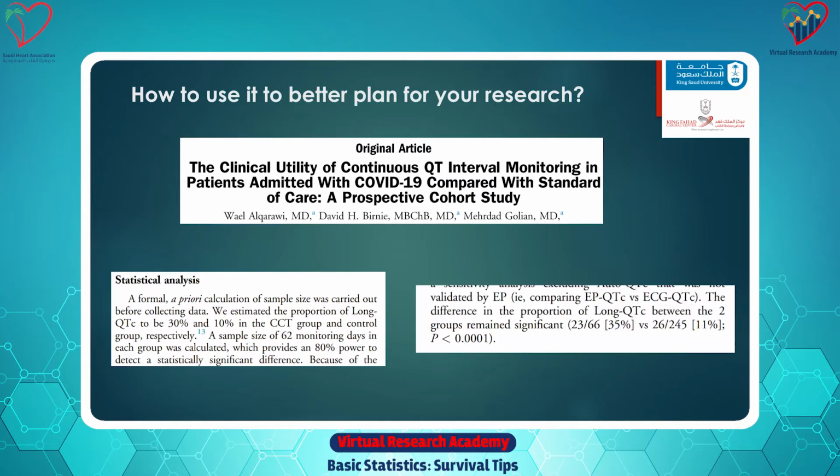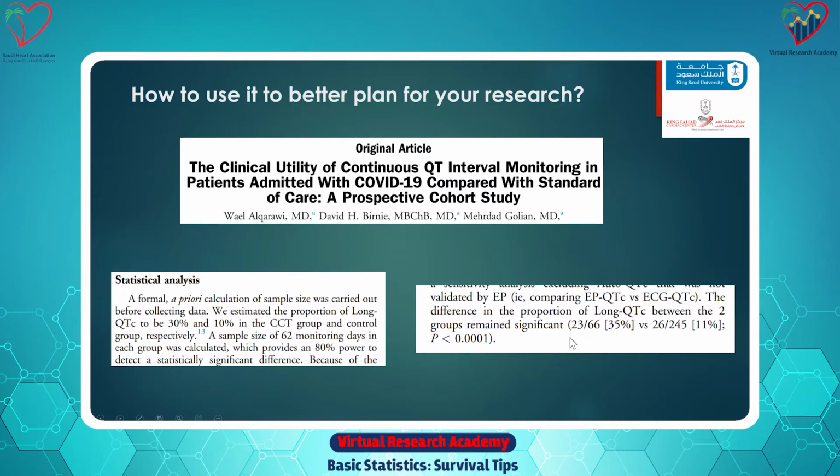What did we find? We found that we actually detected prolonged QT in 35% using the continuous QT monitoring technology versus 11%, which is very similar to what we estimated. And that goes back to the first benefit, which is it should give us more confidence that this is less likely to be due to chance.